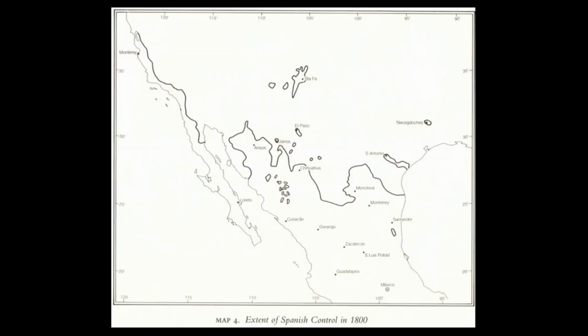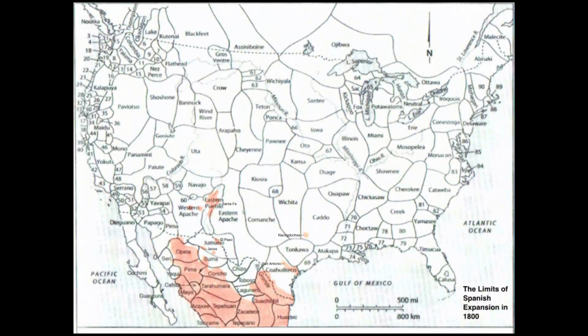This is a great map that shows you how far Spanish expansion had come by 1800. And you can see these tiny little islands in those places that I just mentioned, so that the biggest one you can see there is Santa Fe, supposedly. And you kind of look at it and go, huh, I wonder what's going on there. Were they not trying? But when we look at this, we far better understand what was going on and what was impeding the advance of the Spanish Empire.